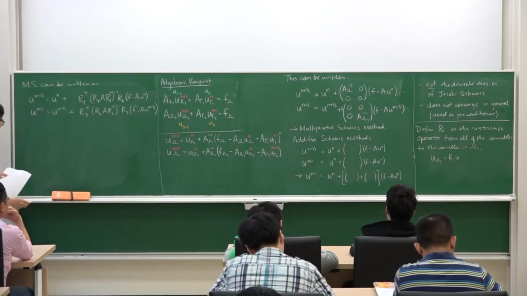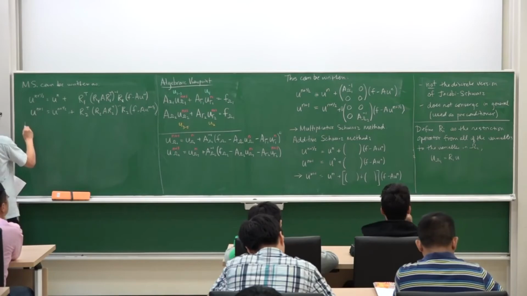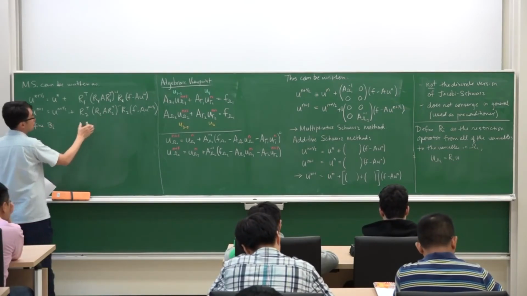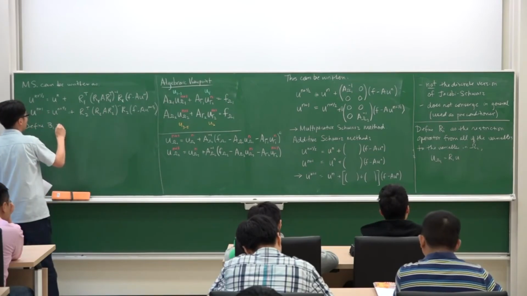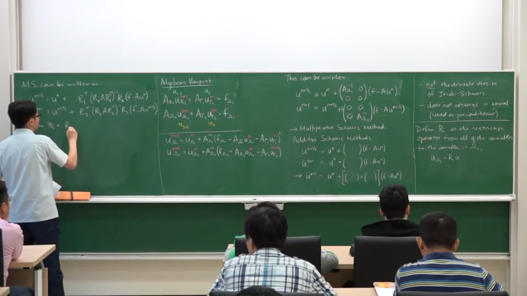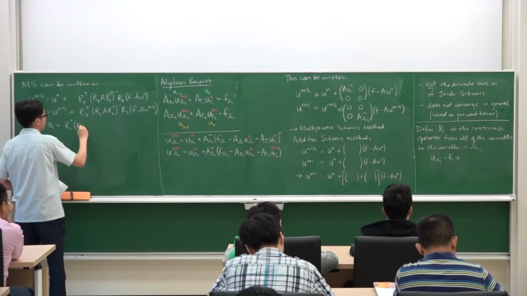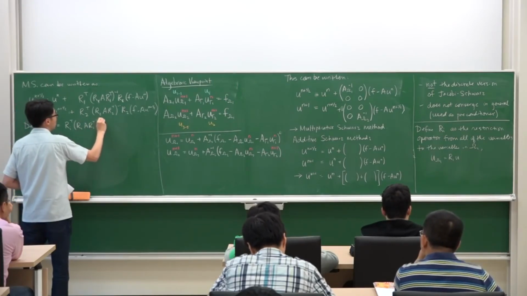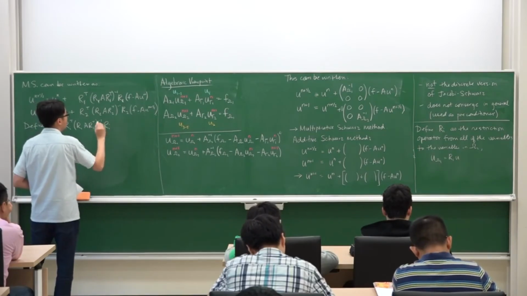Okay, and further, since all of these are repeated, let's define B_i as R_i transpose (R_i A R_i transpose) inverse R_i.